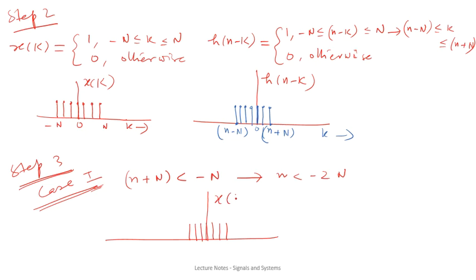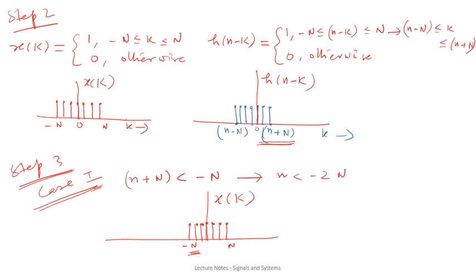If this is x[k] from minus N to N, and since this n plus N is less than minus N, that means h[n minus k] will be towards the left side of this signal.